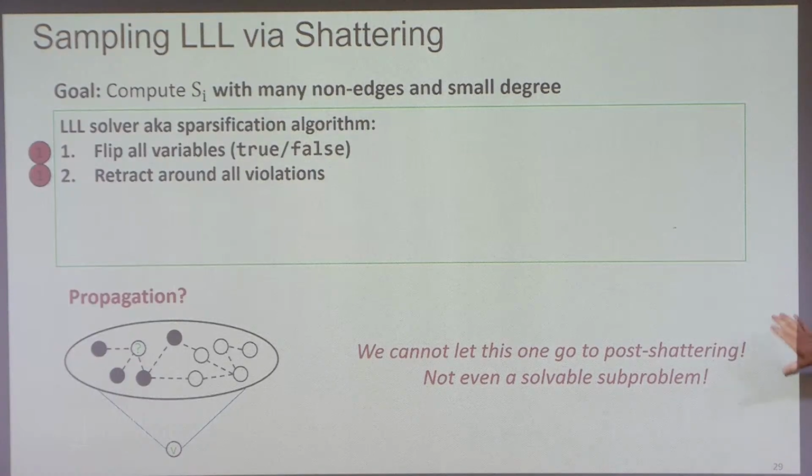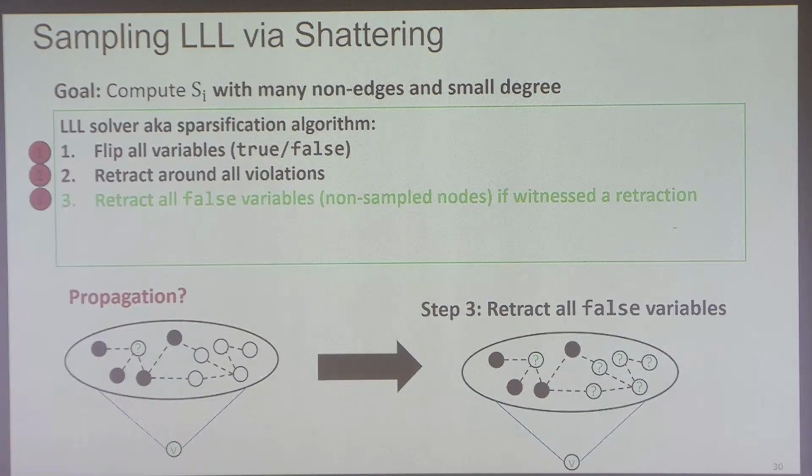And you can easily create situations where you even have a subproblem that is not solvable. So what we do here is, such a node that sees a retraction of the first kind does a second type of retraction, but this is a very asymmetric retraction. It retracts all of its not-sampled variables, all of the false variables, giving it a lot of fresh randomness.